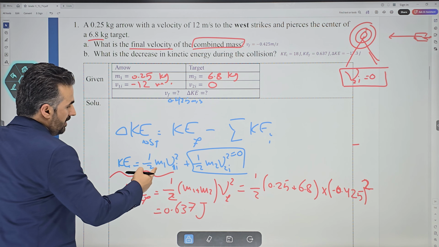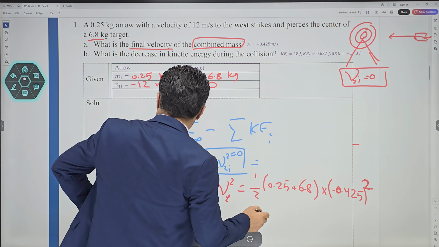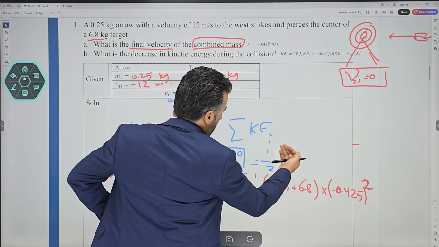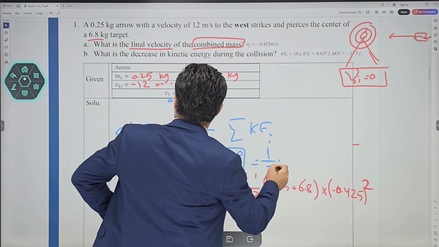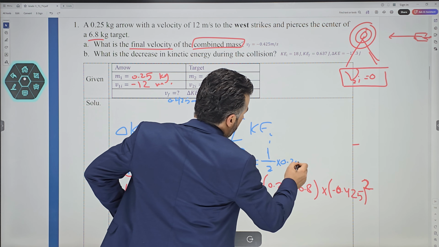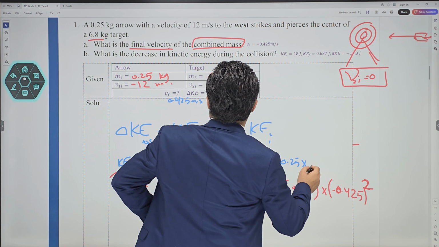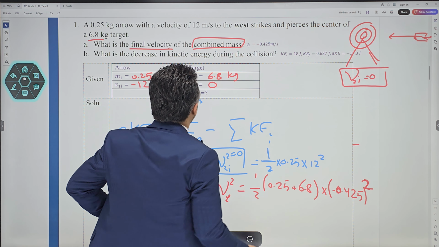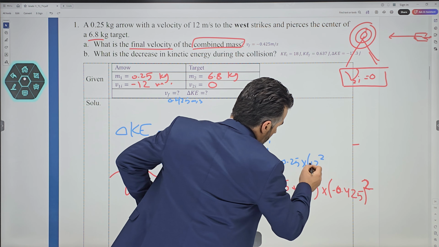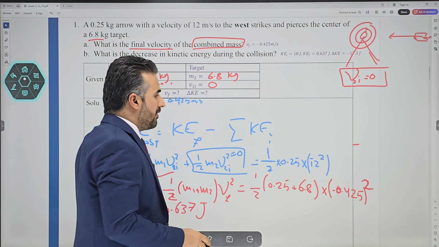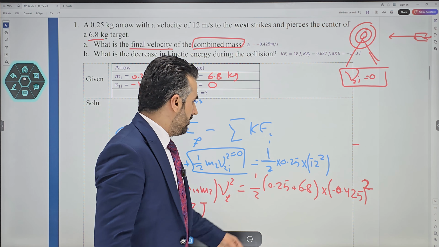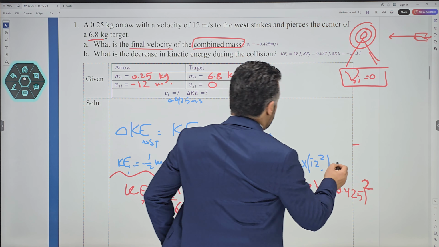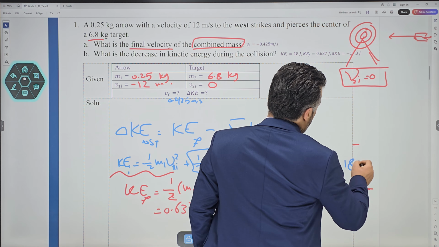So the kinetic energy for the arrow is 1 over 2 times the mass, 0.25, times the velocity of the arrow, 12, squared. It is to the west, so we can say negative 12, but because of the square, it doesn't matter if you write the negative or not. So kinetic energy initial is equal to 18 joules here.